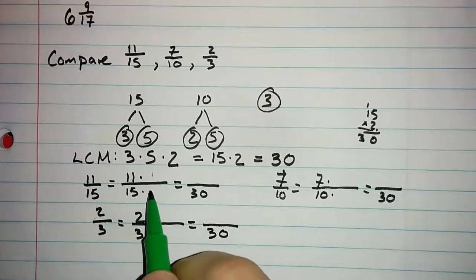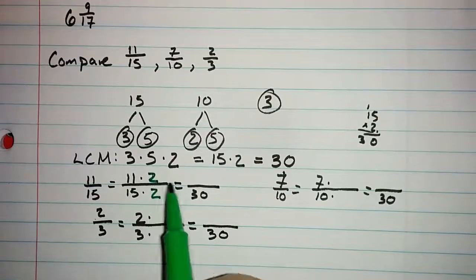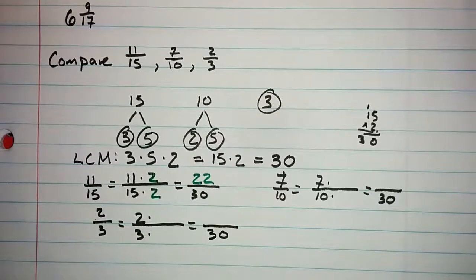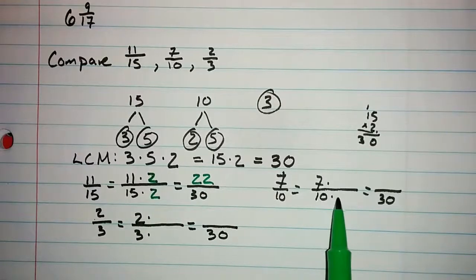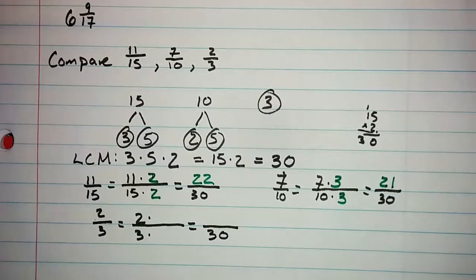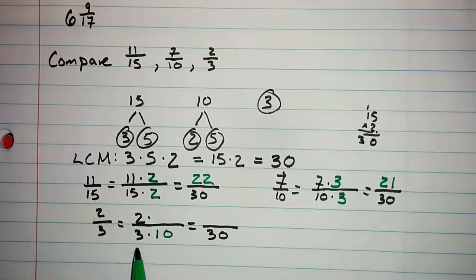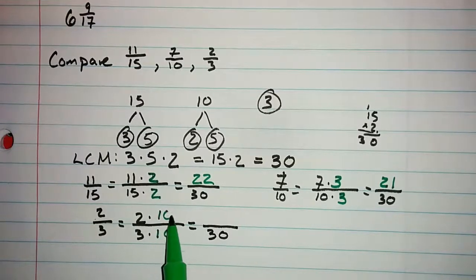I see that 15 times 2 gave me 30, so I'll have 11 times 2 is 22. Clearly 10 times 3 is 30, so I'll have 7 times 3 is 21. 3 times 10 is 30, so I'll have 2 times 10 is 20.